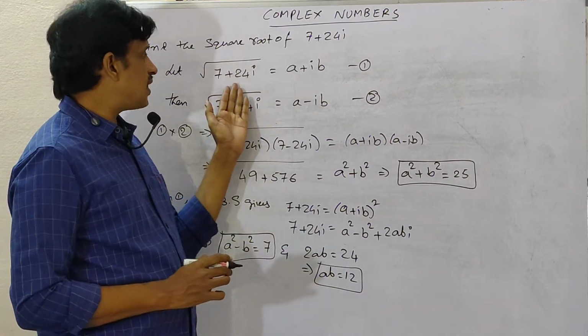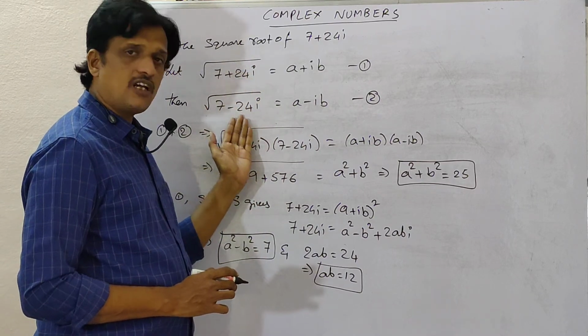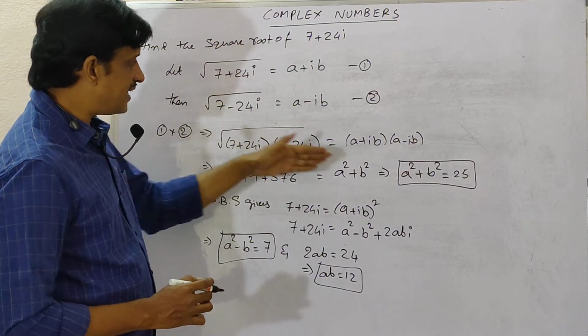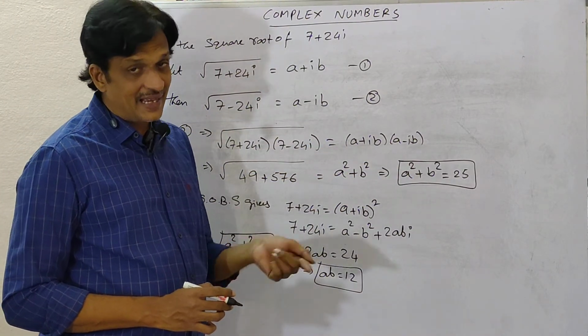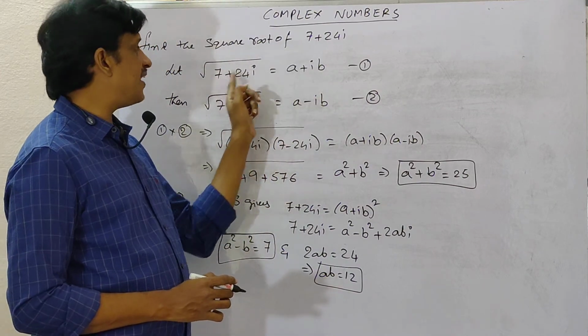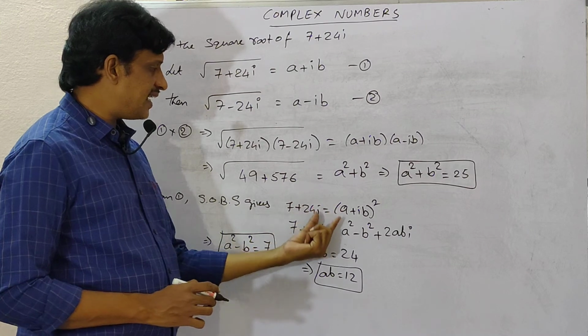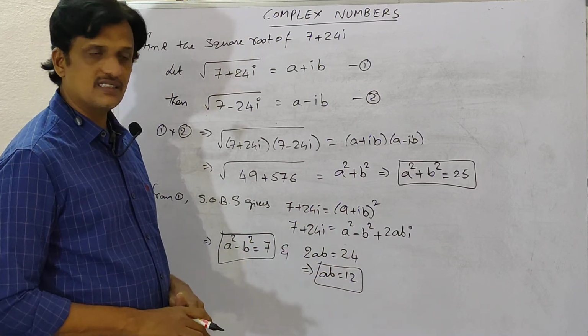Again, let square root of the given complex number be a plus ib. Then square root of its conjugate complex number will be a minus ib. Just multiply these two, then you get the relation a square plus b square equal to 25. Again, consider the first equation and apply whole square on either side to eliminate the square root. Then by equating the real and imaginary parts on either side, you get these two relations.